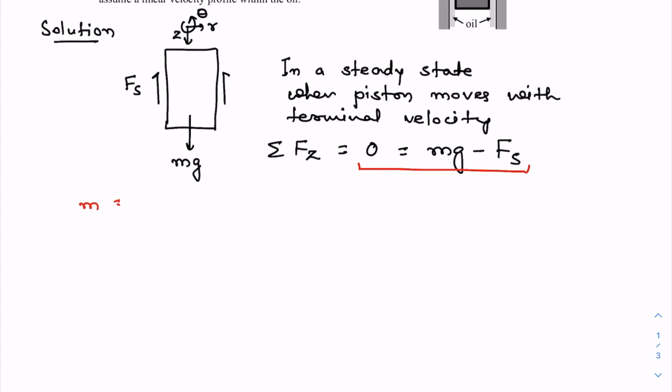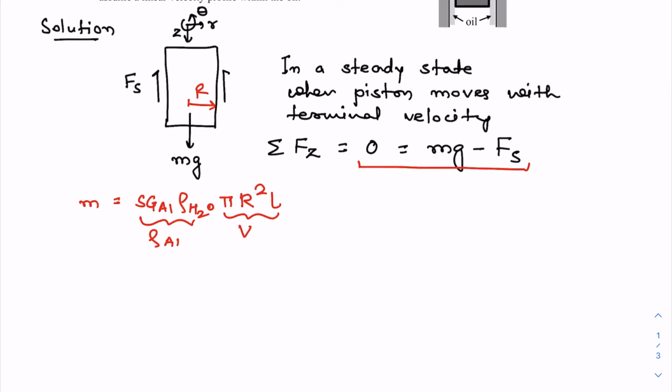Mass is specific gravity of aluminium times density of water, times pi R square L, where capital R is the radius of the piston, so pi R square L is basically volume, and this is the density of aluminum. I'll denote this as equation 1.